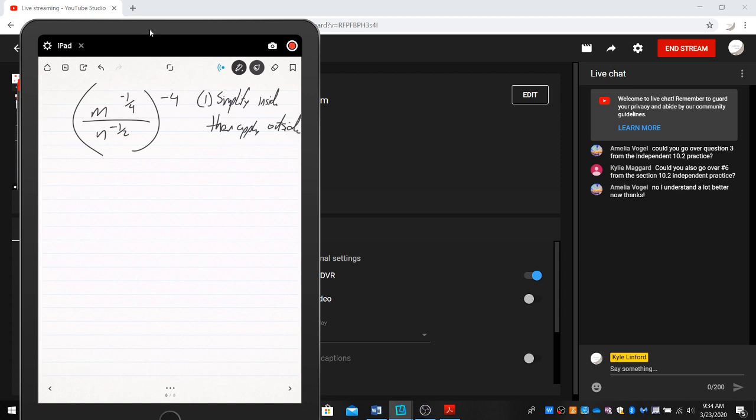What I mean is people sometimes like to simplify the inside of the parentheses first and then apply the exponent. I call that the order of operations method.